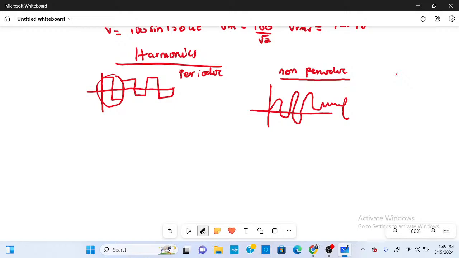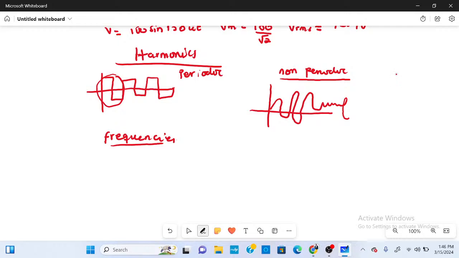So we simply have a way of finding what we call harmonics. Harmonics is just a series of waves with different frequencies. So here the frequencies are different, but they follow a pattern. So we just express a waveform as the sum of sine waves with different frequencies.